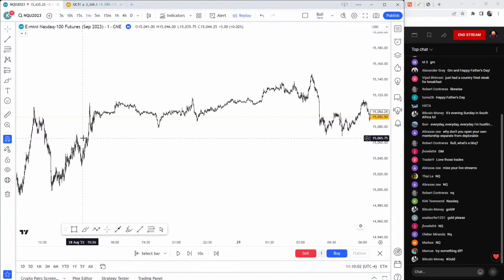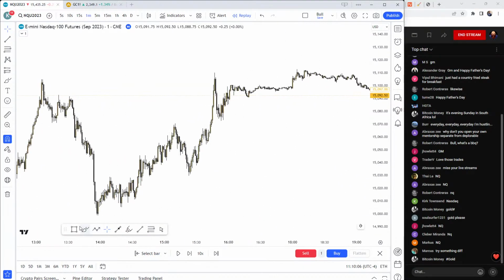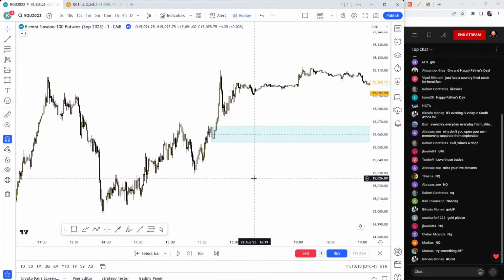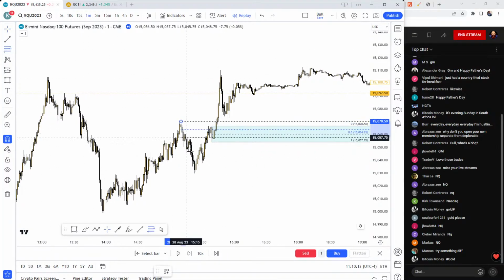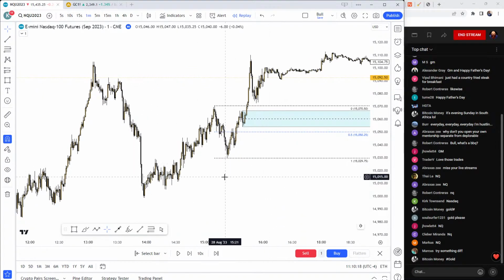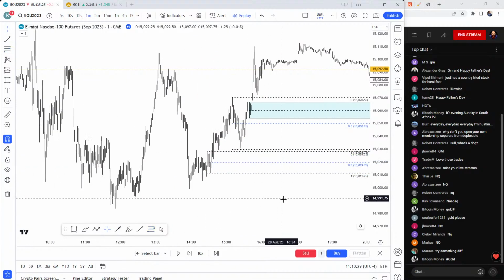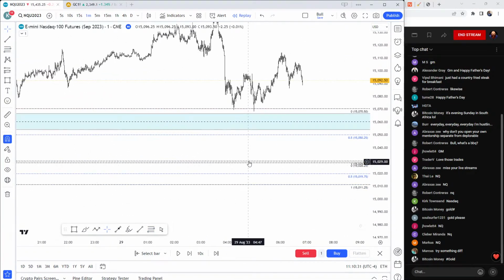We've actually tapped into it already. So let's mark out some pieces of information that we've got. We've got this here. We've got our larger zone here, right? And we've got a little bit of consolidation down here, which we'll mark out as well, just in case. Down there.